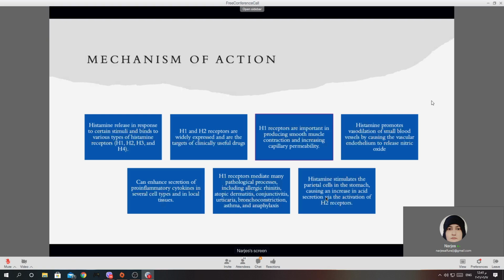This is all mediated through H1 receptors. Histamine also stimulates the parietal cells in the stomach, leading to an increase in acid secretion through H2 receptors. However, we're not going to talk about the H2 receptor here. Our lecture today will cover only the H1 receptor blockers.